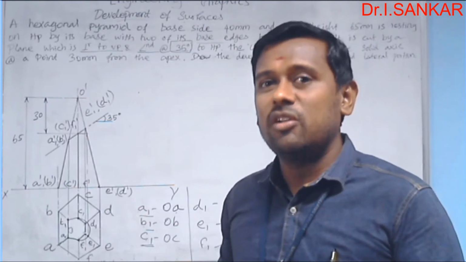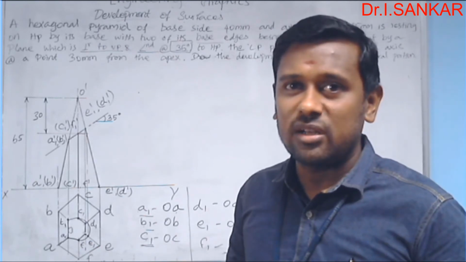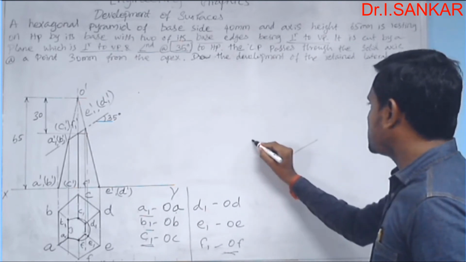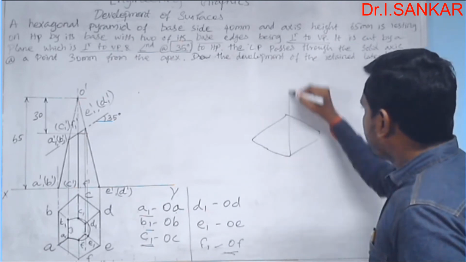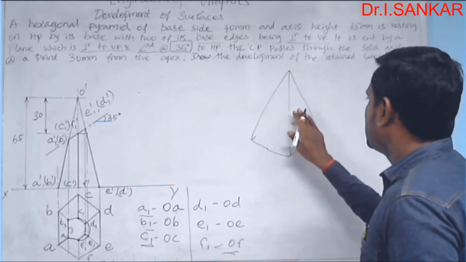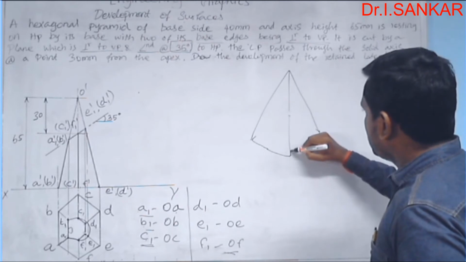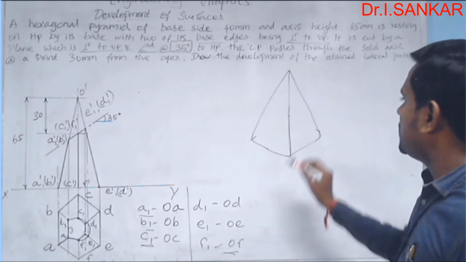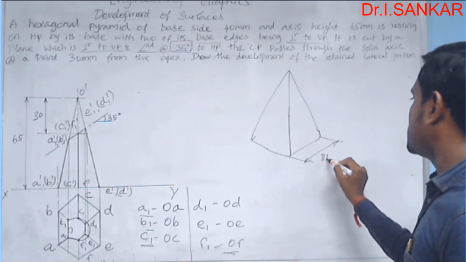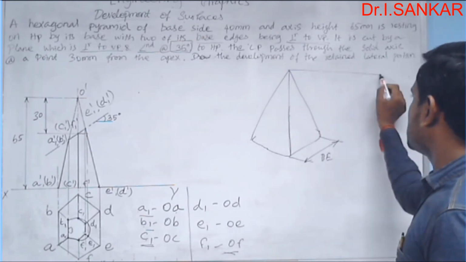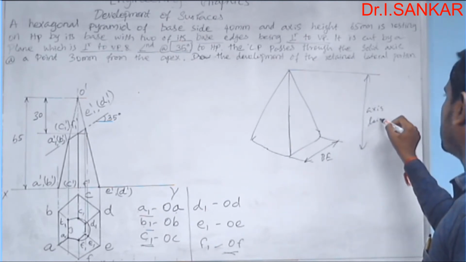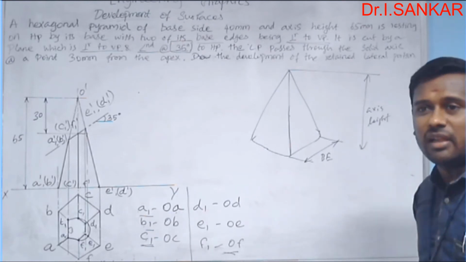However, I will explain here how to find out the true slant edge and what it actually is. See, in the case of a square pyramid, what are the various dimensions? This is our base edge length, and this is the axis height, the vertical height of the pyramid.